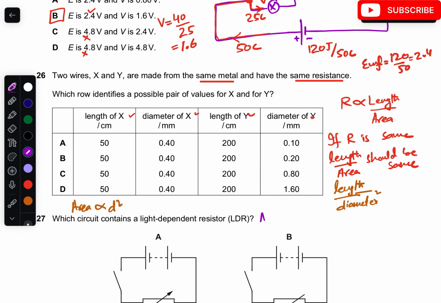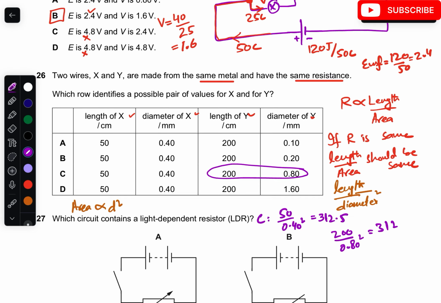Let's check option A: 50 over 0.40 squared gives 312.5. If I check the other values, A will not be equal. In C, 200 over 0.80 squared will also give 312.5.